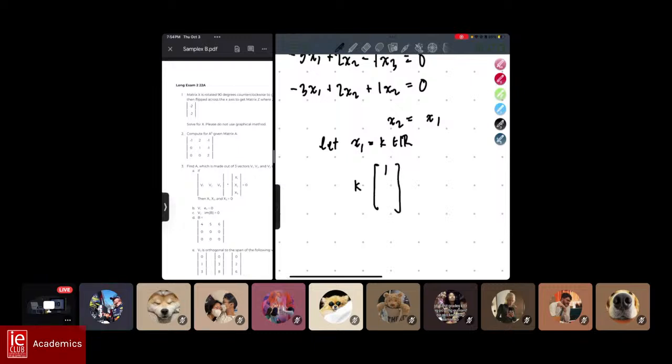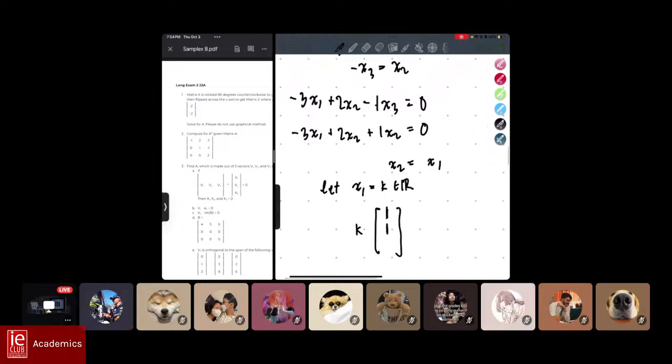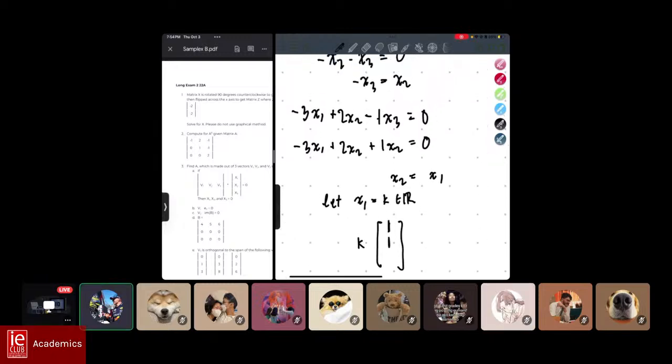1k. Okay. So this is x sub 1 because it's just k, diba? X sub 2 naman, we know it's equal to x sub 1. So we can also put 1 here. Paano to? We can just indirectly put them together.